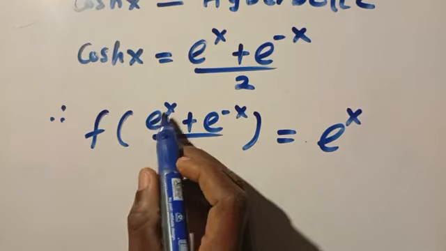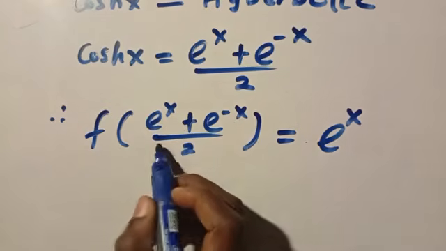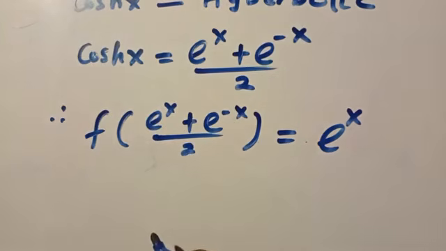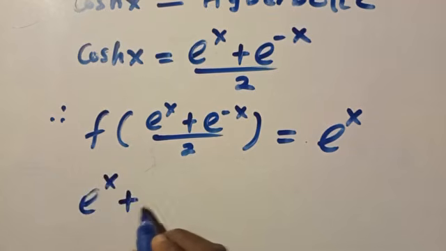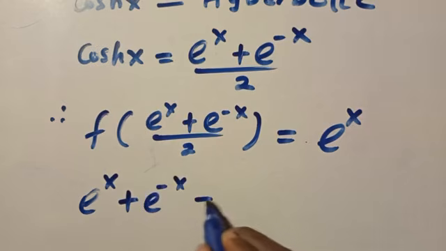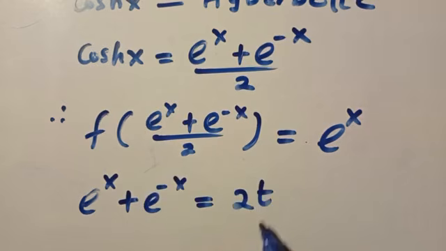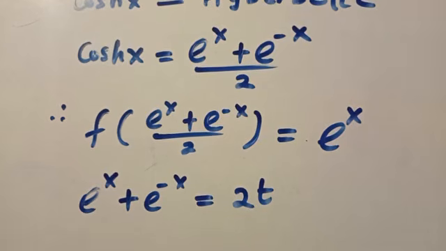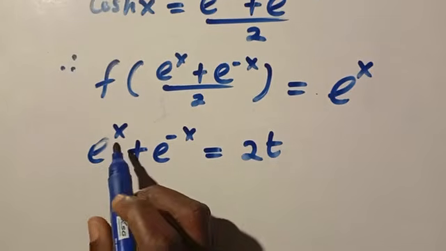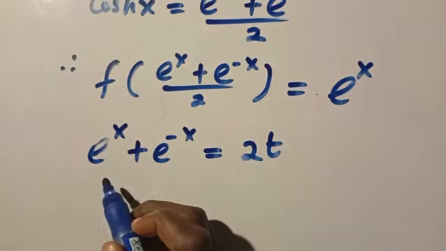Suppose I make e power x plus e power minus x equal to 2t. Then I need to make x the subject of the formula, but it is now in the power of the exponential.